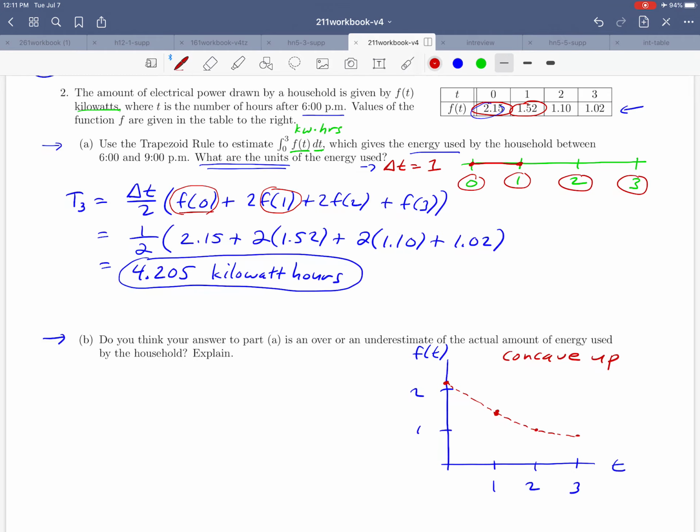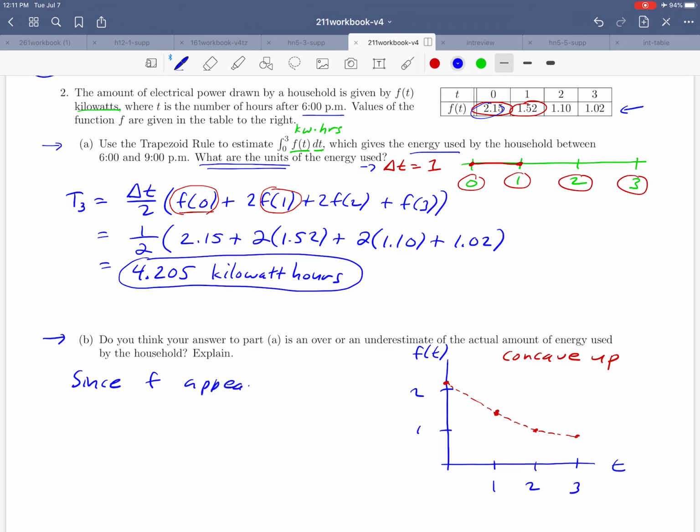And if you look back a couple of pages, we made the observation by drawing in some trapezoids that if a function is concave up, the trapezoids are going to be above the curve and therefore give us an overestimate. So let's say it this way.